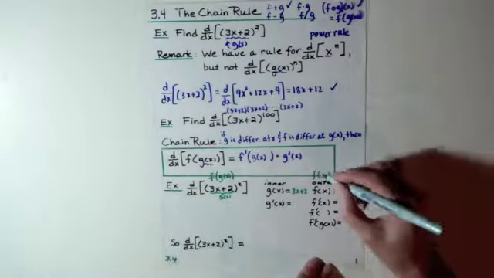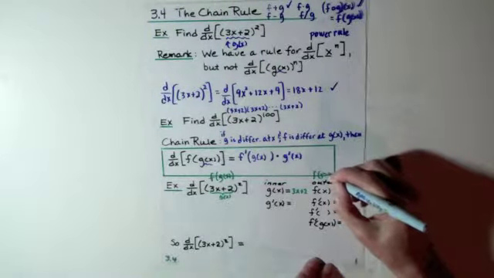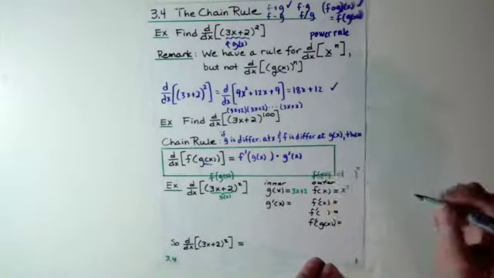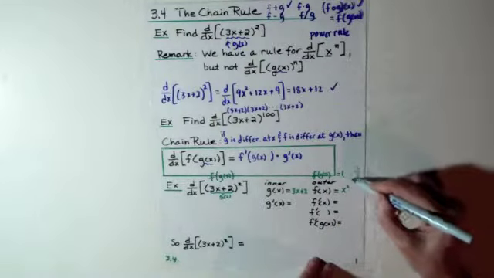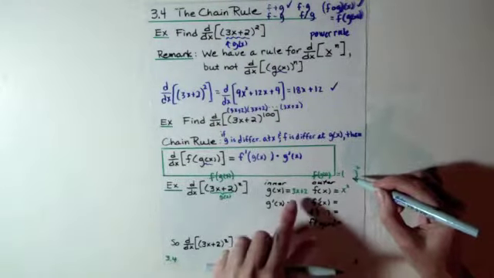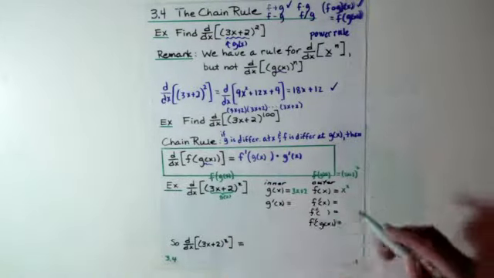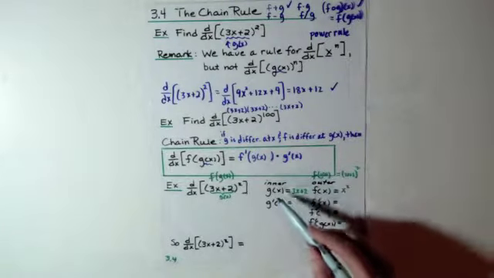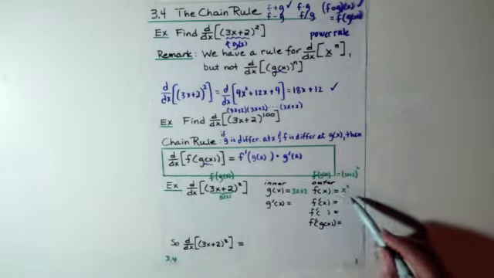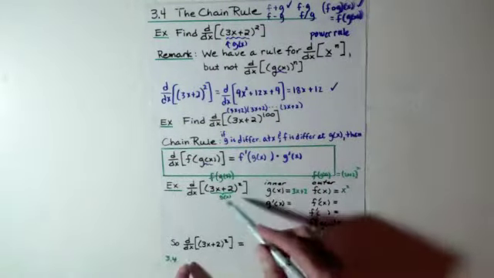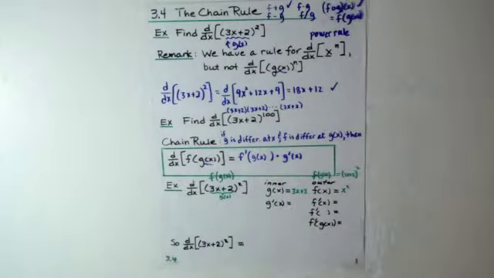So if the thing that I throw in is g of x, you notice that g of x is what goes into the empty parentheses, and g of x is exactly what we want, 3x plus 2. And so f of g of x will give me the function that I'm asked to find the derivative of. So that checks, and we found the inner function and the outer function correctly.